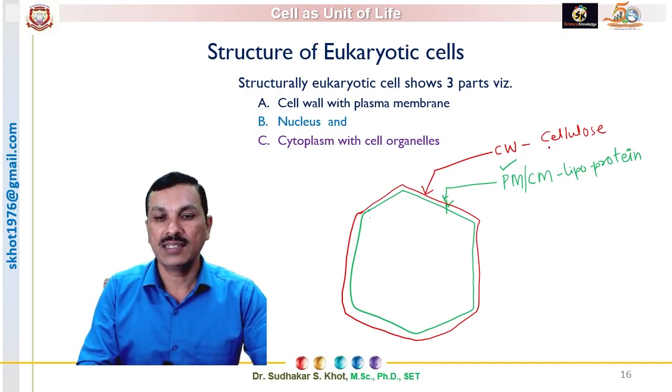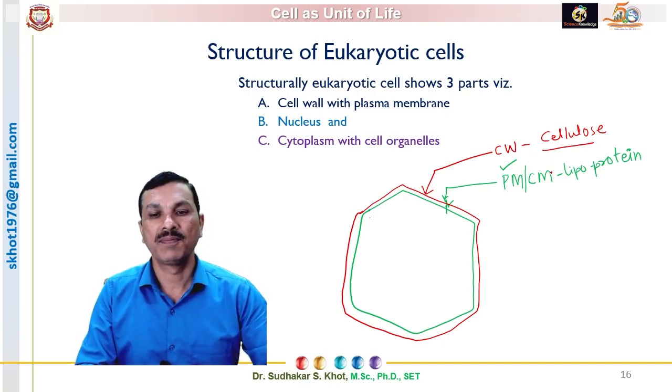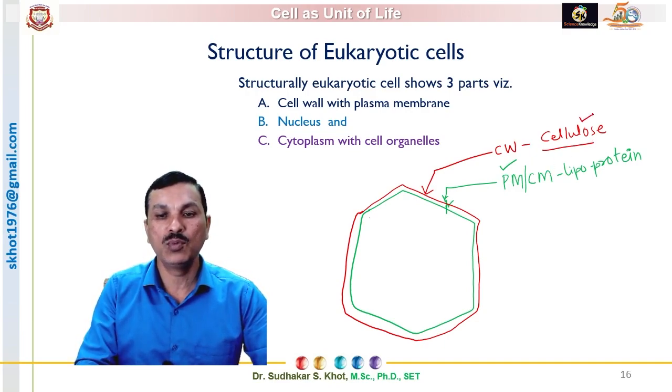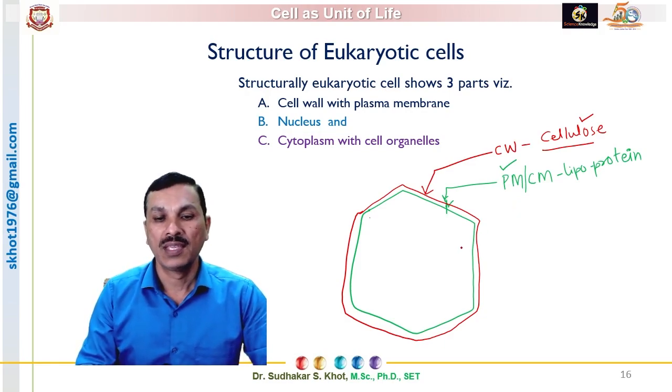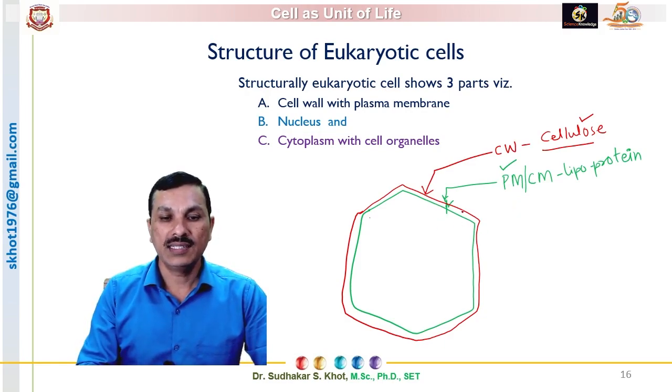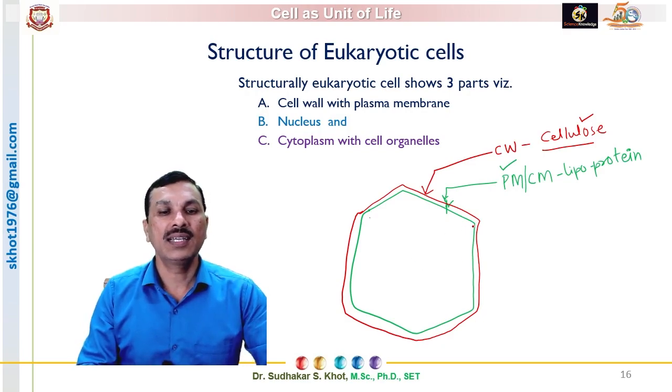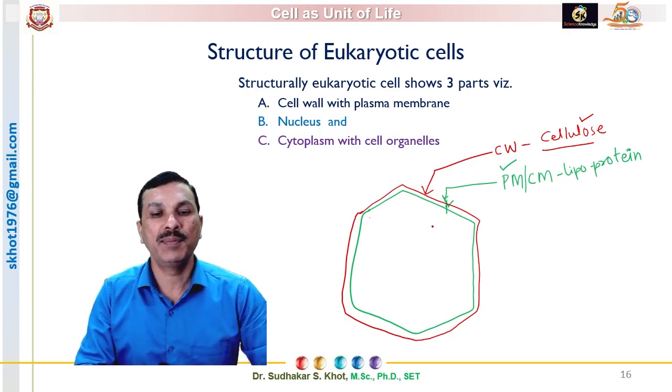So, this is a cellulosic cell wall, and note that cellulose is the most abundant carbohydrate on the earth. So, these two layers are the cell wall and the plasma membrane.